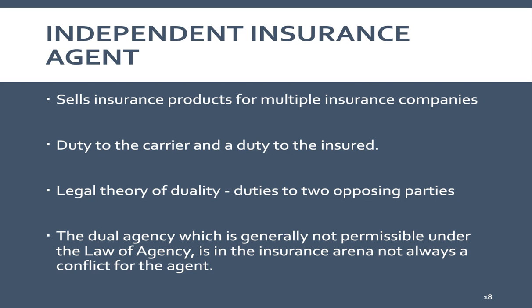They could have gone to many other carriers. They selected us and we gave them certain authorities, but they're really not captive to us, and therefore we shouldn't be responsible for all of their actions. Sometimes they'll raise that defense, and sometimes it works, and sometimes it doesn't. So it's important to recognize that when you see someone who's an independent insurance agent, they're going to have multiple carriers, and you might see that come up as a defense from an insurance company.